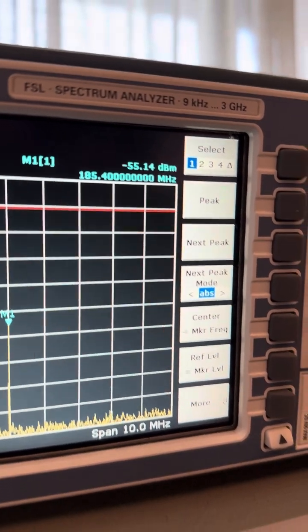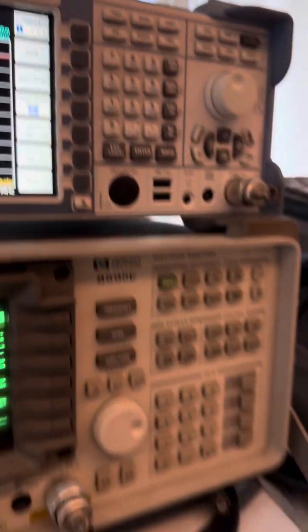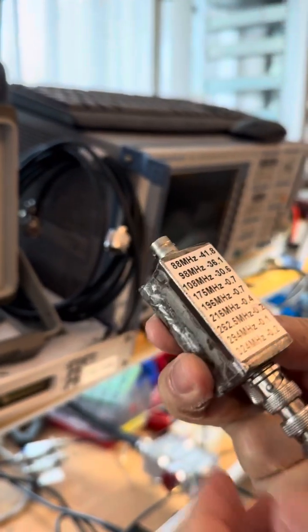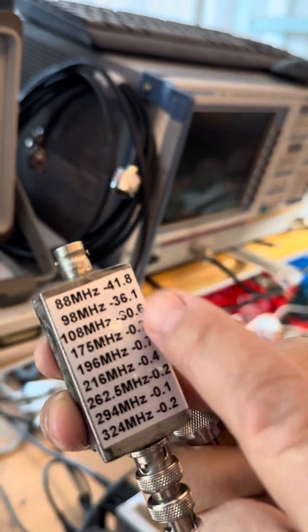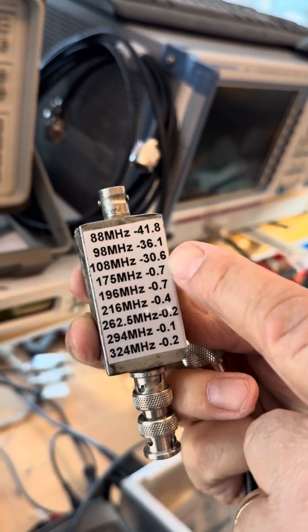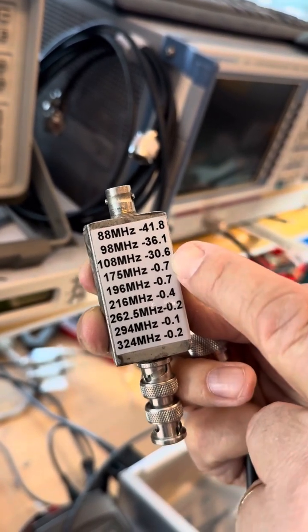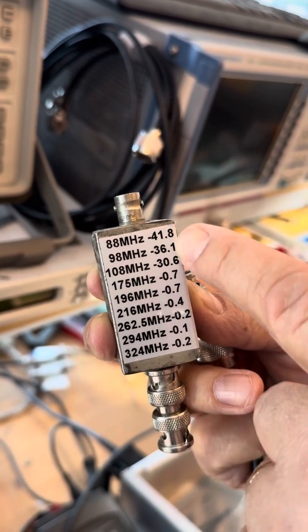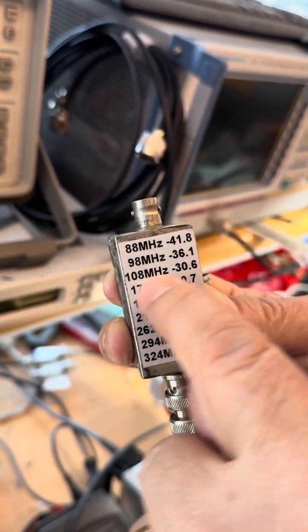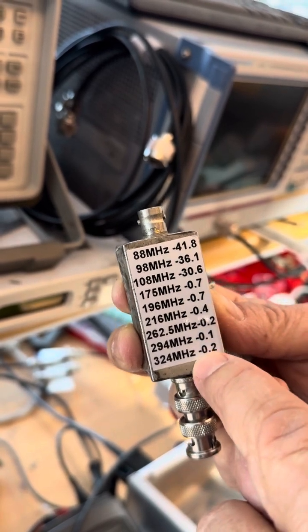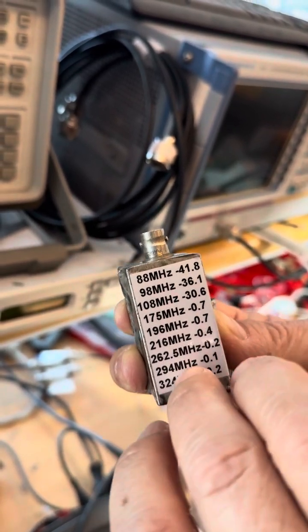So absolutely what I need to do is to put this passband filter that you see here, which has approximately 30 to 41 dB of attenuation on the main band, and close to zero attenuation on the passband.